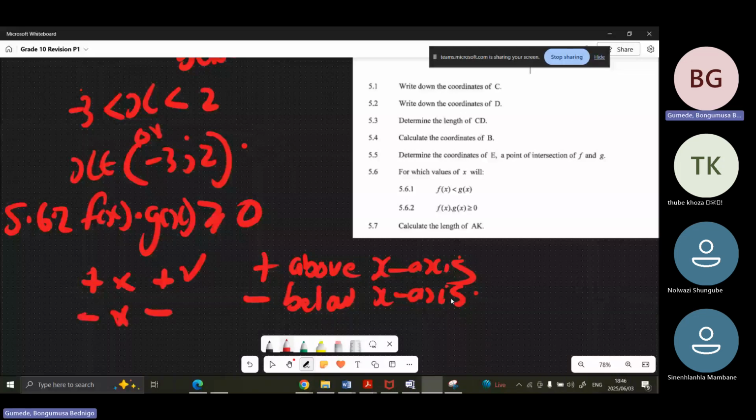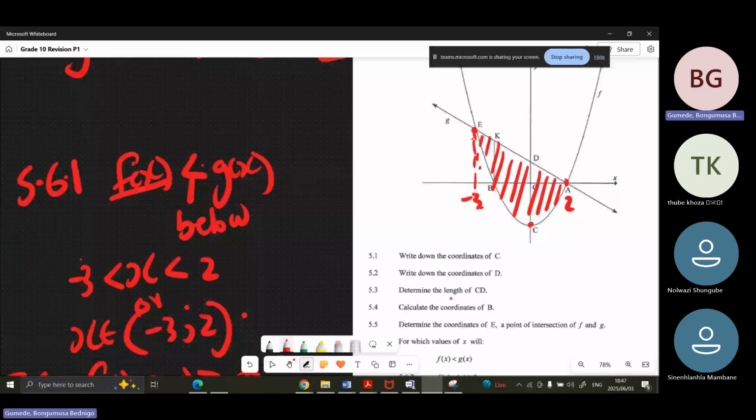Now, let's go and check. So between B, let's cut there at the line of B, where x is -2. And we go that side.